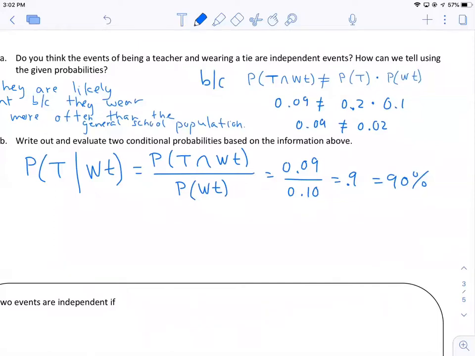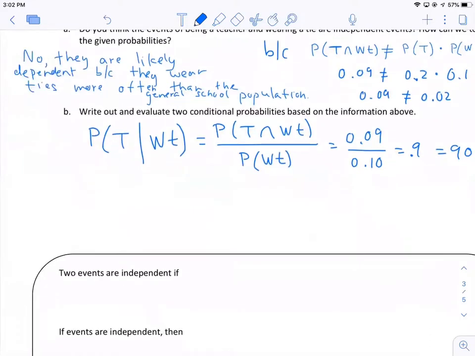The other 10% probably could be the vice principal or the principal, or some office staff, someone else that might wear a tie, but pretty much in a school population, only teachers wear ties. So if that person's wearing a tie, there's a 90% chance that person is a teacher.